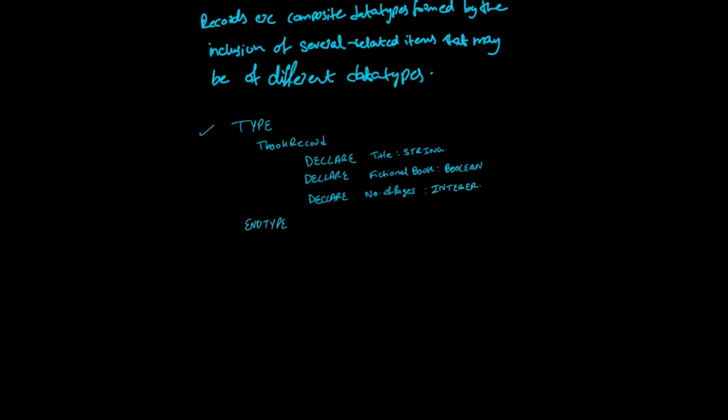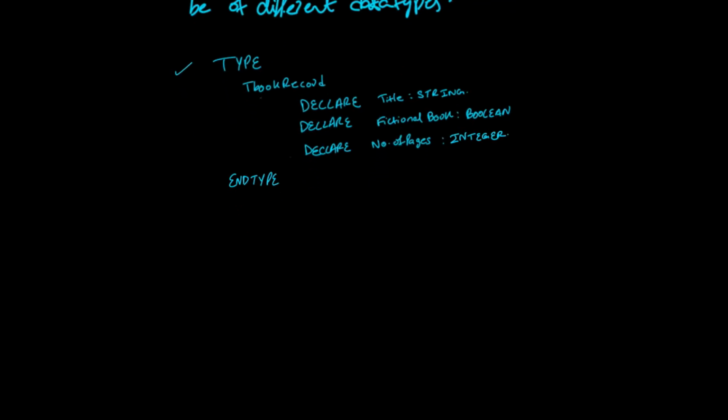Okay, continuing onwards. After we have done this, we are going to declare the first book of this TBookRecord. I'm going to use the declare keyword and have it as Book1 of TBookRecord. When I need to add values to this, I'm just going to write Book1.title.